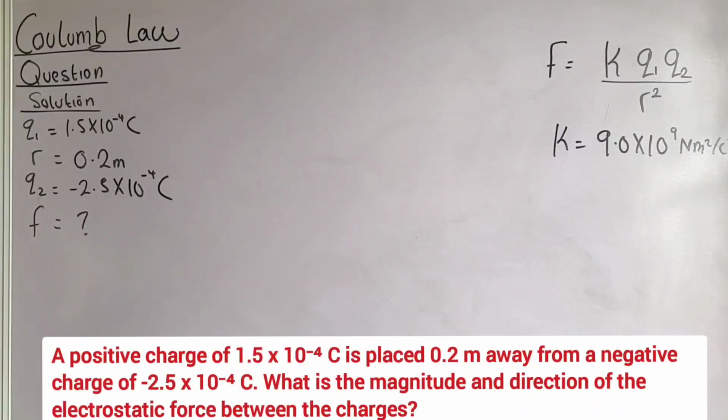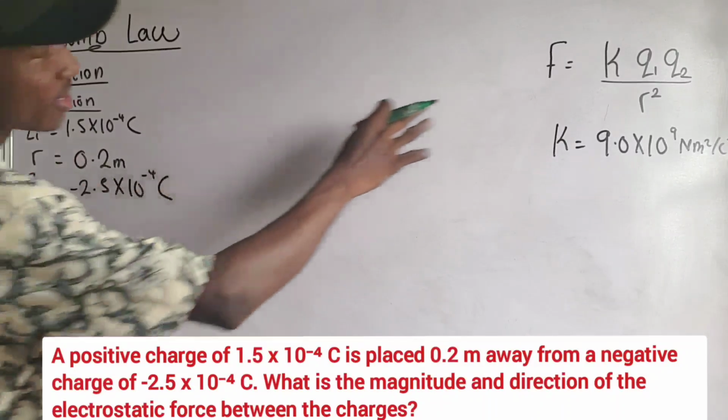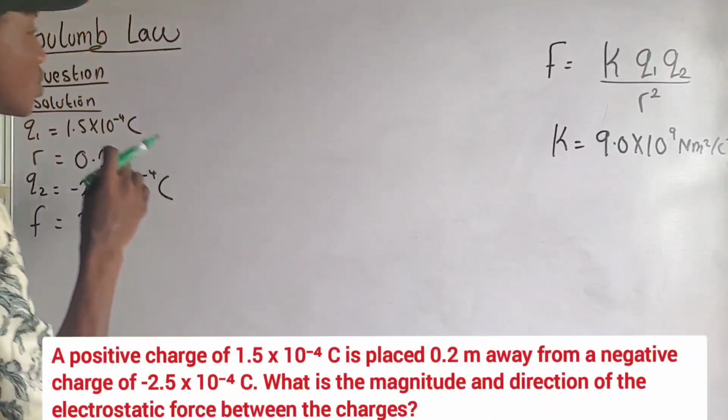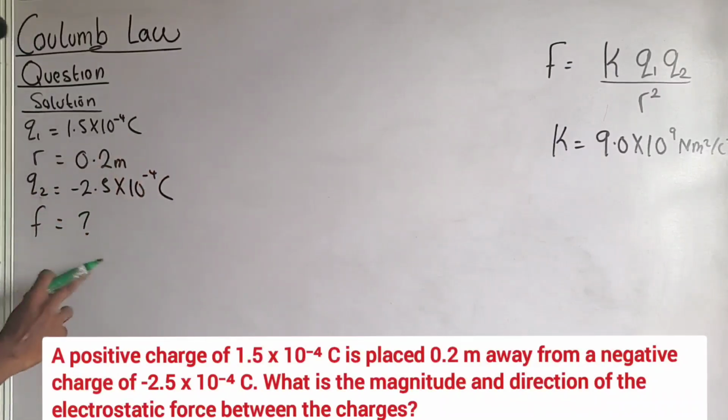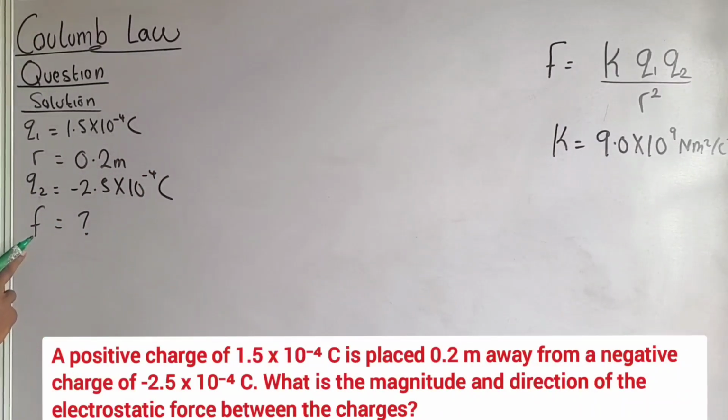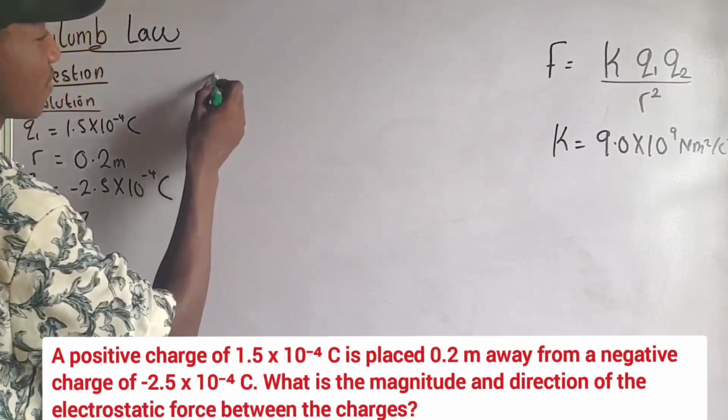Please pay attention. I told you that remembering this formula is important if you want to solve any question on electrostatics. Are you getting it? So now, to get the magnitude of the electrostatic force between these charges, just bring out this formula.